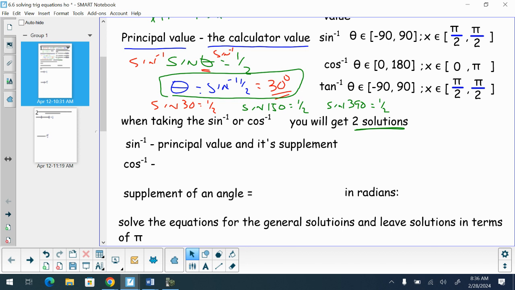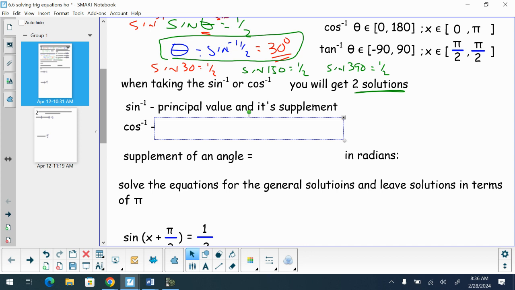If I take the inverse sine of 1/2, I get 30 degrees. That's my principal value. The supplement to 30 degrees is what angle we have to add to 30 to get to 180 degrees, which is 150. That's why the sine of 150 is equal to 1/2.